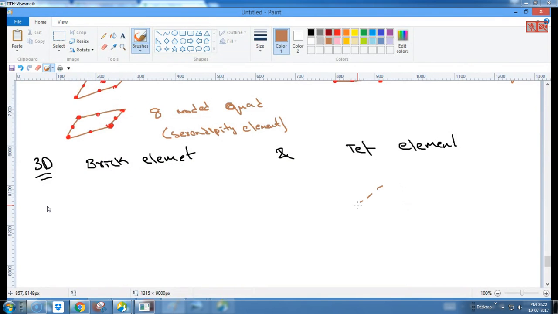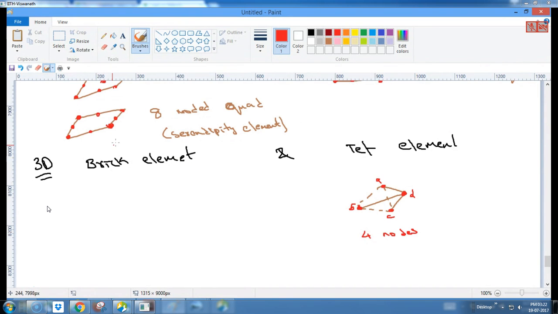Then this point is not in this plane but on a higher plane, and you join all these to this point. It's like a pyramid. These are your 3 nodes on a plane, this is out of the plane, and you are connecting all 3 to it. This is your tet element. So how many nodes are there? A, B, C, D. 4 nodes are there.